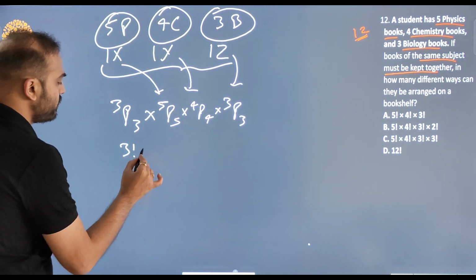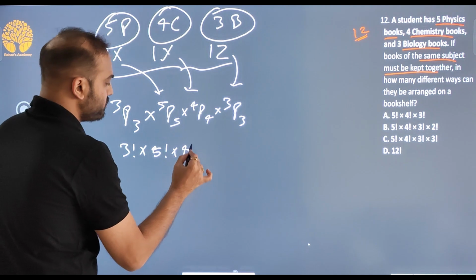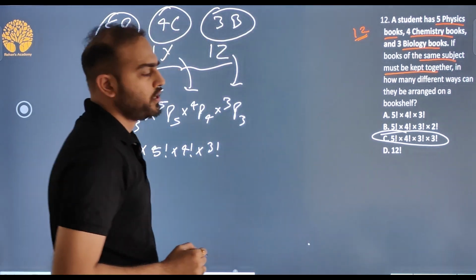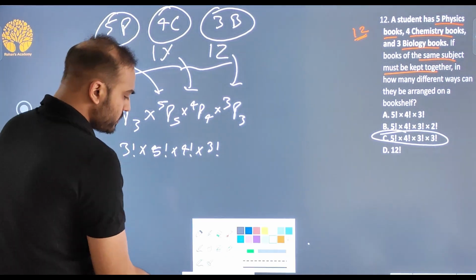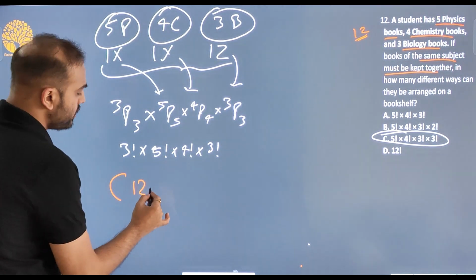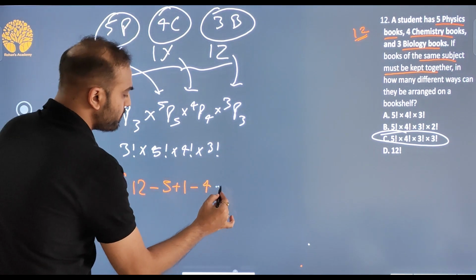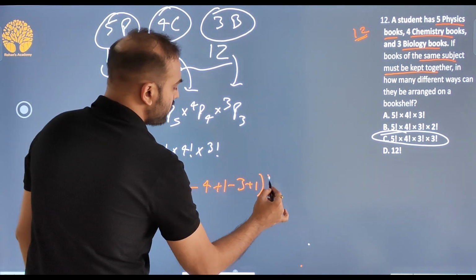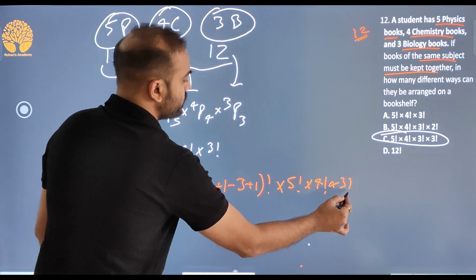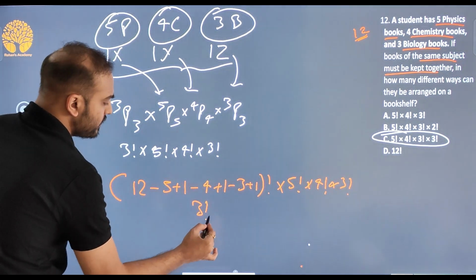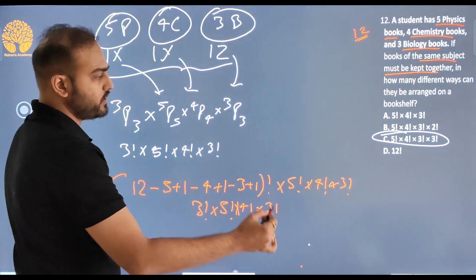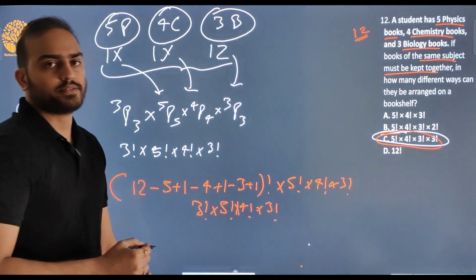So that's 3 factorial times 5 factorial times 4 factorial times 3 factorial. Again, if you are applying the formula, that is (12 minus 5 plus 1 minus 4 plus 1 minus 3 plus 1) factorial times 5 factorial, 4 factorial, 3 factorial. If you solve this, that's again 3 factorial, 5 factorial, 4 factorial and 3 factorial. Okay? You'll get the same answer.